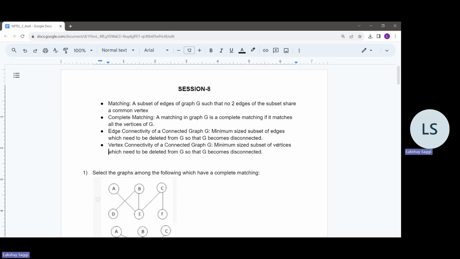So it's the minimum size subset of vertices which need to be deleted from G so that G becomes disconnected. These definitions should be pretty easy to follow. If you still don't understand, maybe you should refer to the lectures because these definitions have been covered there.